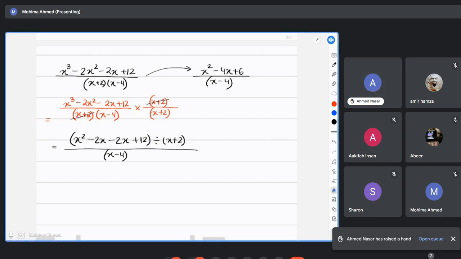But the problem is, if I write this way, you're suggesting x cubed minus 2x squared minus 2x plus 12, and then divided by x minus 4, and then divided by x plus 2. The problem is, we're supposed to have x minus 4 in the denominator, right? Are we getting x minus 4 in the denominator?